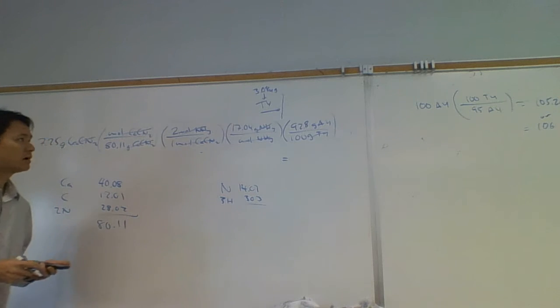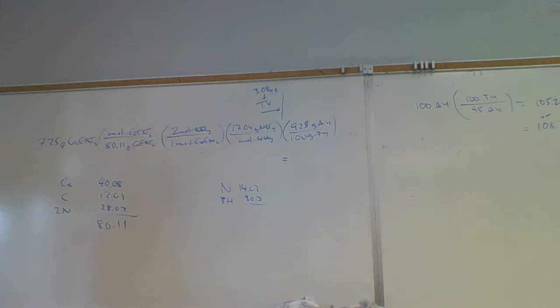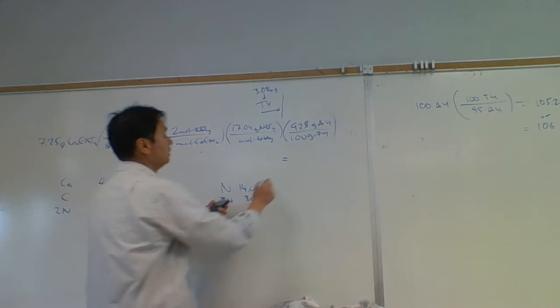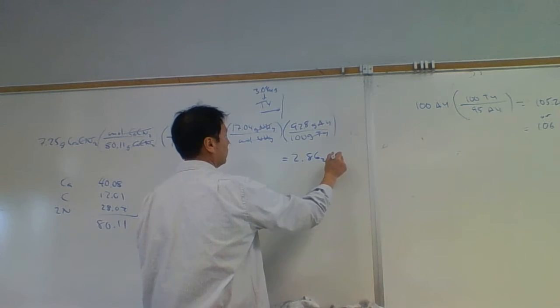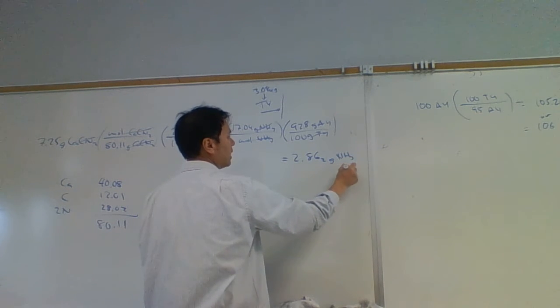That's how much I'm getting in theory, but I'm going to lose 7.2%. And so I'm going to do times 92.8 divided by 100. In actuality, I'm only going to get 2.862 grams of ammonia. This is my actual yield.